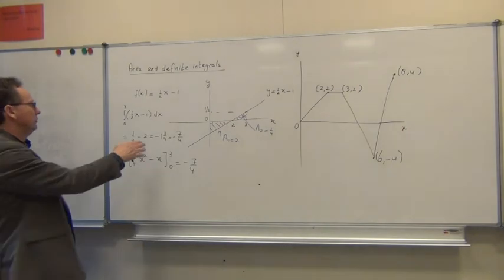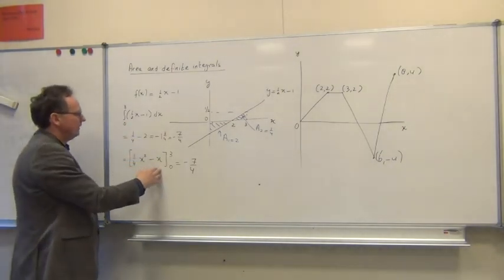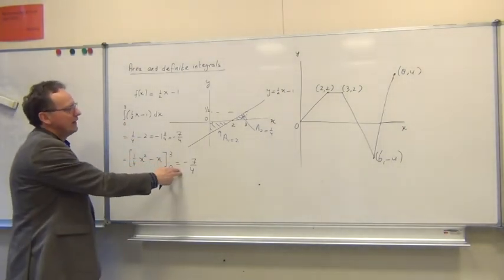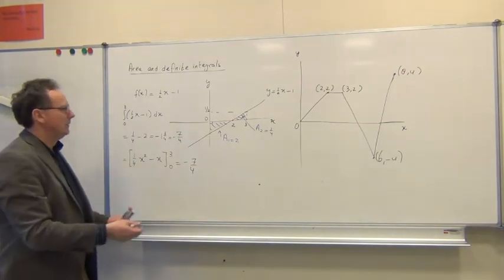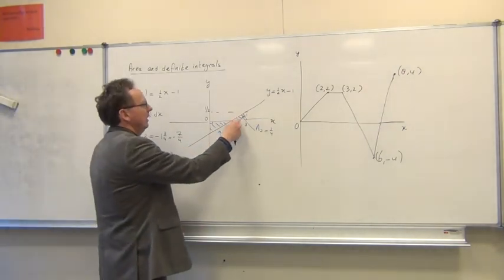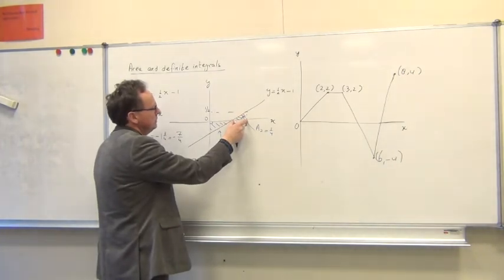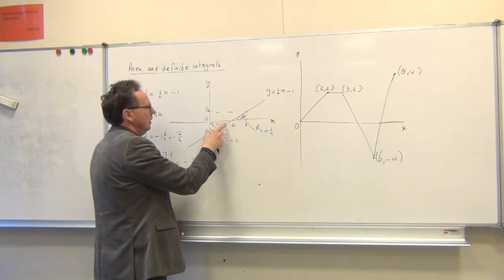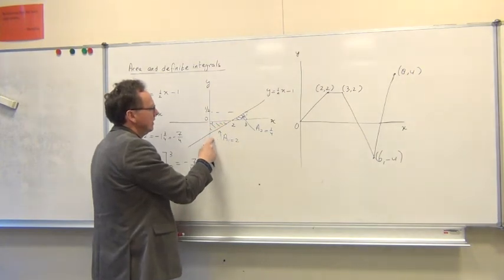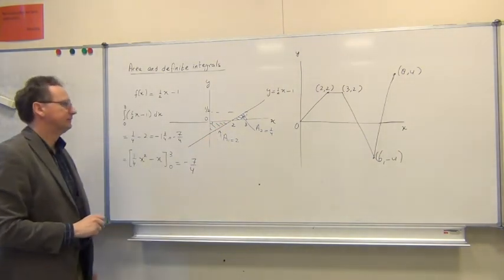So also if you just do the calculation, you take the antiderivative, you fill in the boundaries, you find a negative answer. So remember that if the curve is above the x-axis, the area will count positive. If it's below the x-axis, the area counts negative.